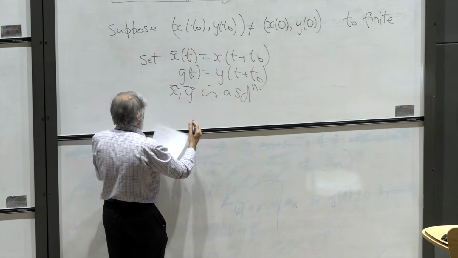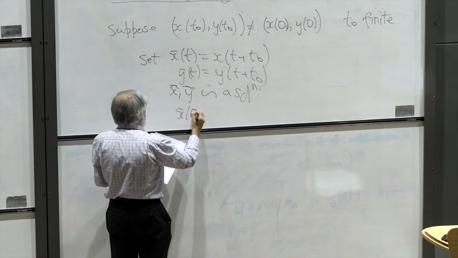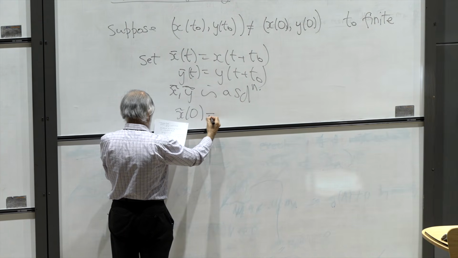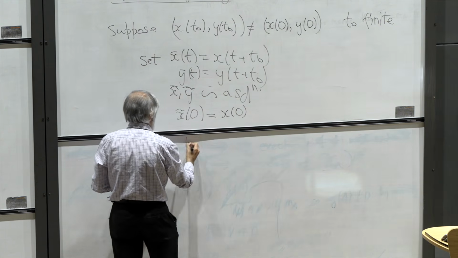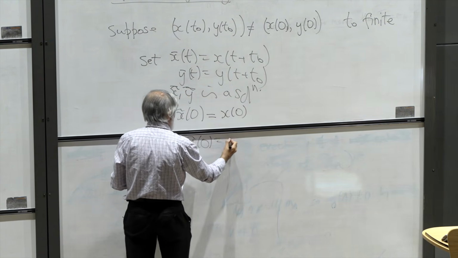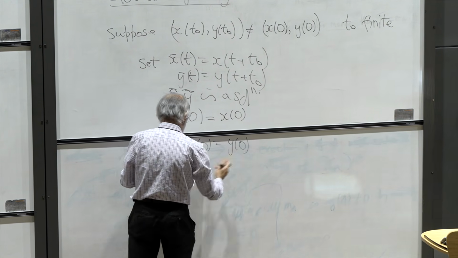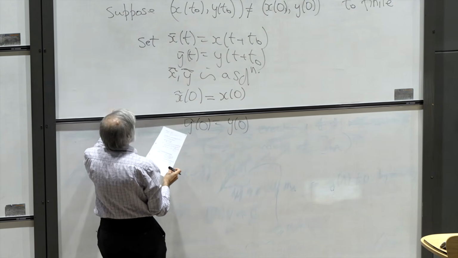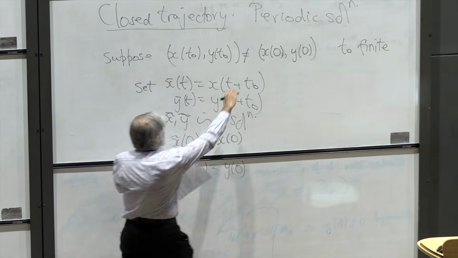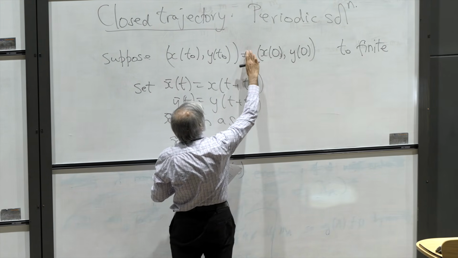And x hat of 0 is x of 0, y hat of 0 — sorry, I've got this the wrong way around. Sorry, we should have that's equal to that.